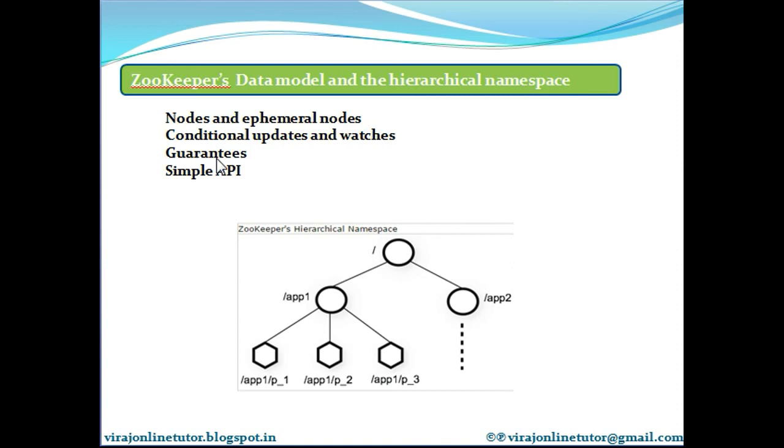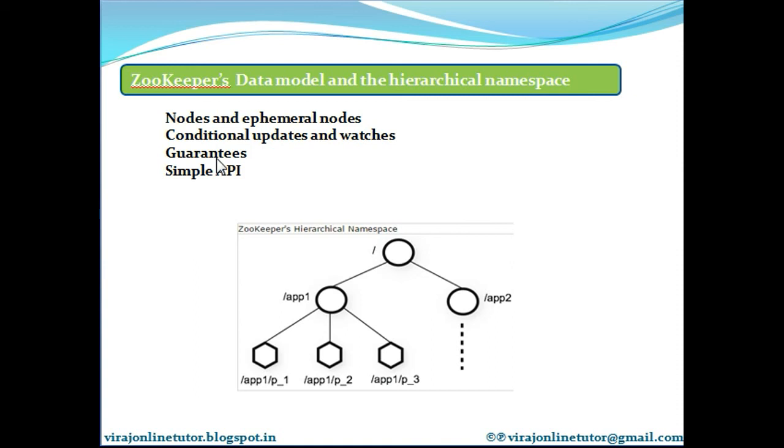The next guarantee is reliability. Once an update has been applied, it will persist from that time onwards until a client overwrites the update. The next guarantee is timeliness. The client's view of the system is guaranteed to be up to date within a certain time bound.